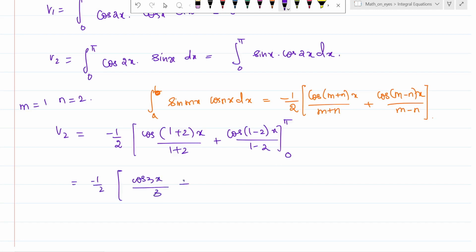divided by 3 plus cos x, because cos of minus x is cos x, divided by minus 1, integral 0 to pi, which is equal to minus 1 by 2 of cos 3x by 3 minus cos x, from 0 to pi.